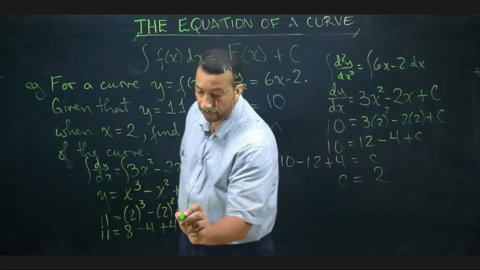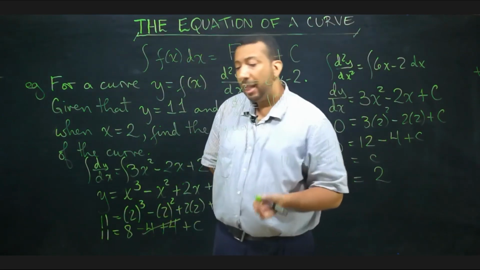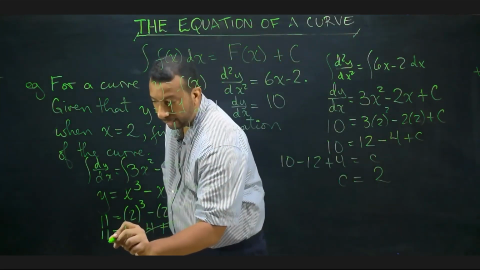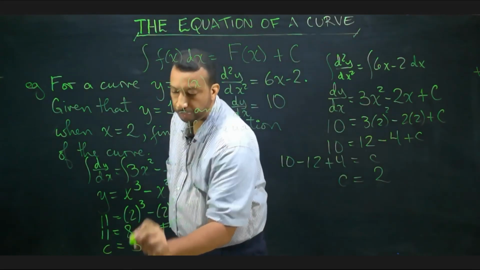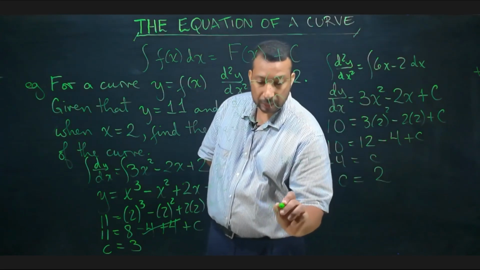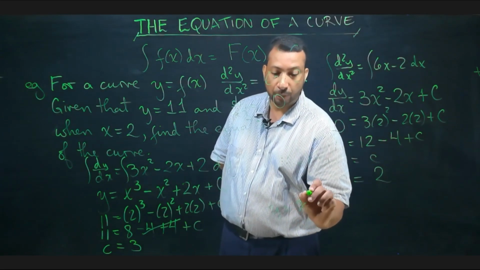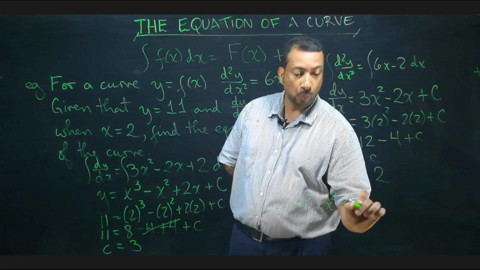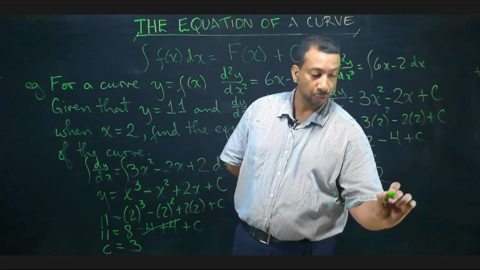Luckily for us, minus 4 plus 4 cancels out. I just have to transpose the 8. 11 take away 8 gives me 3. So I get that c is equal to 3. Therefore, the equation of the curve is y is equal to x cubed minus x squared plus 2x plus 3.